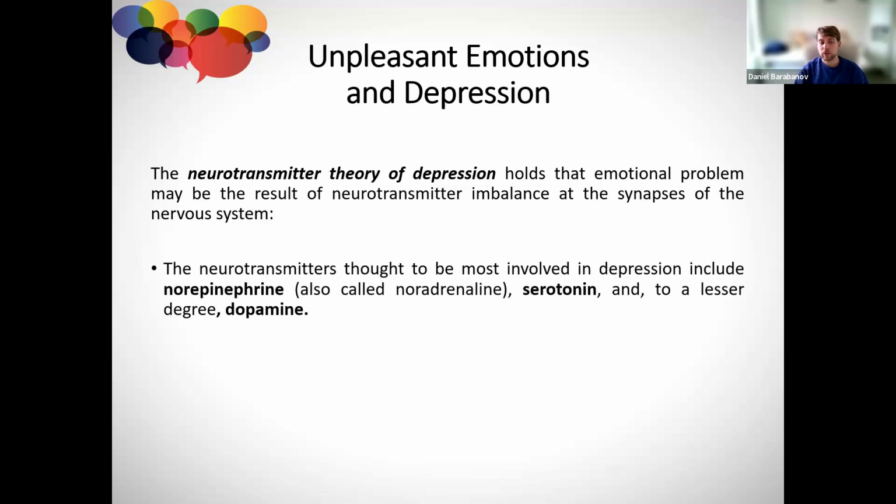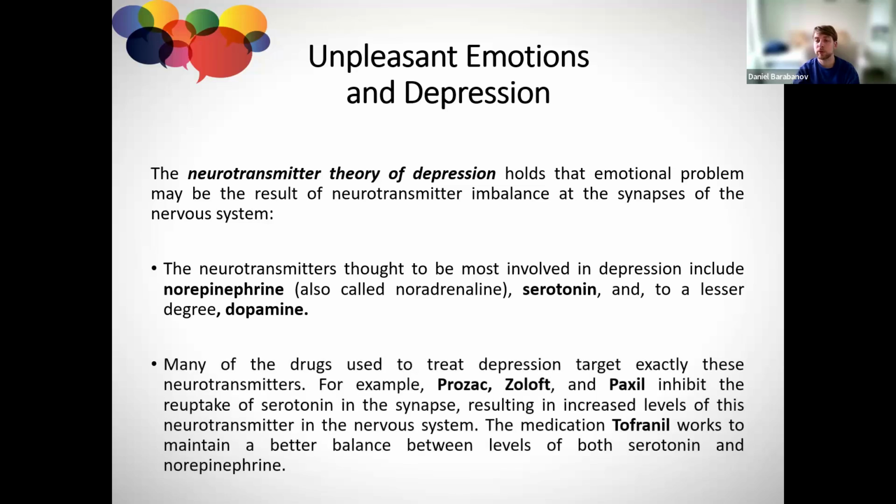Actually, research shows that depression is connected with this imbalance with norepinephrine or noradrenaline, serotonin, and a bit of dopamine. So when people suffer from depression, the balance of those neurotransmitters inside their brain is changed. And we actually can provide people with psychopharmacological treatment to return that back to normal.